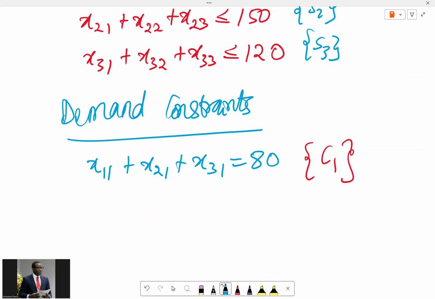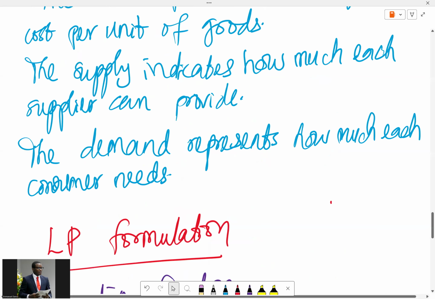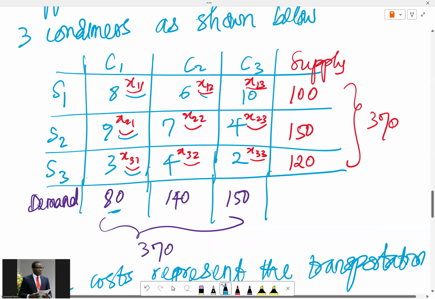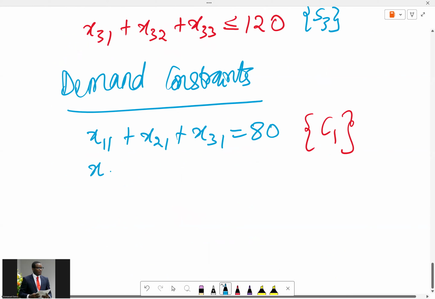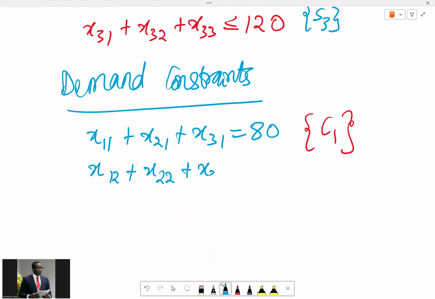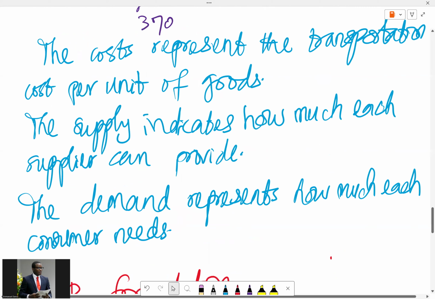So next we have, again, down the column, x12 plus x22 plus x32 is equal to 140. That is for consumer 2. And then we have, lastly, x13. That's the third column now.